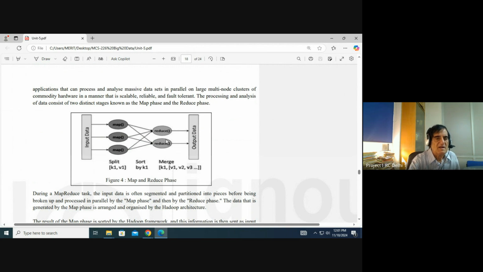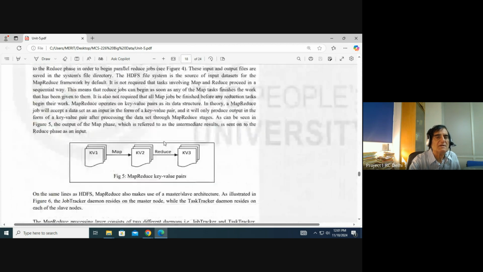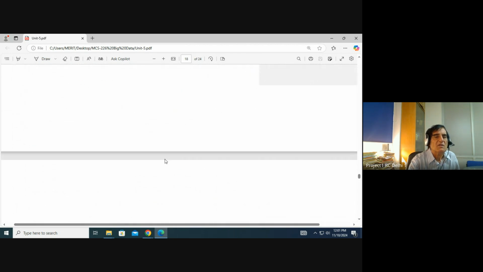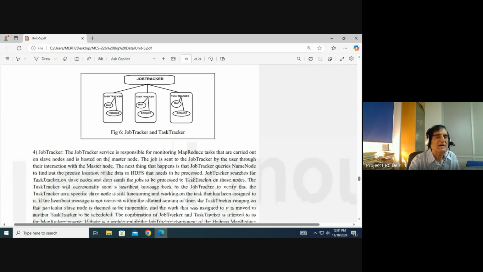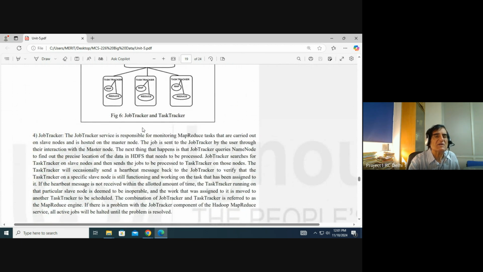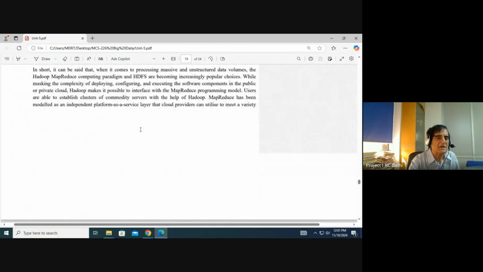That is taken care of by Hadoop. So key-value KV1, map 1, KV2, reduce, KV3. Why do you need reduce? Because if you don't reduce, you'll have an unnecessarily large bulk of data. Job tracker, again, this is the job tracker, so that is what you can look up here.